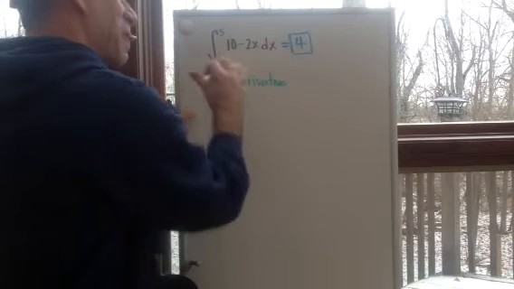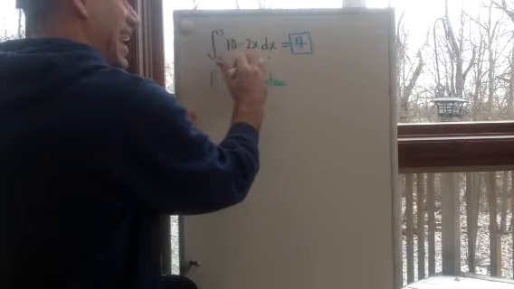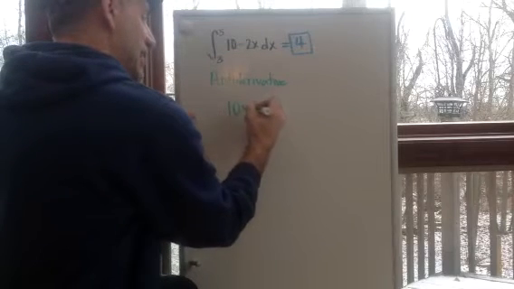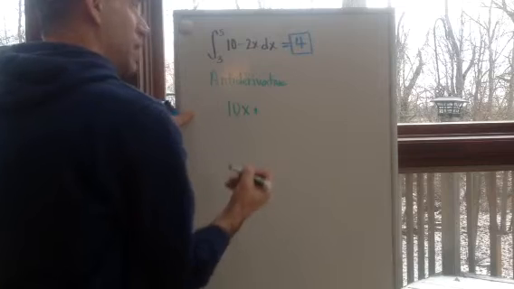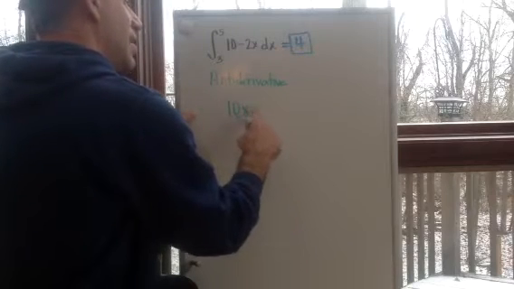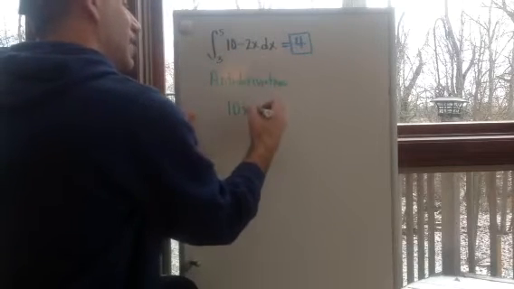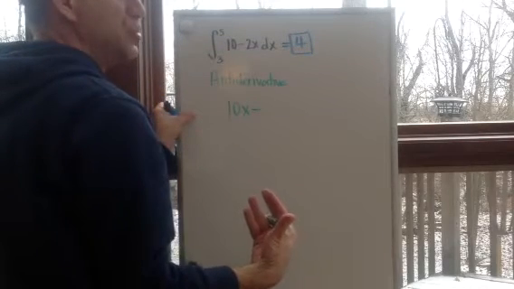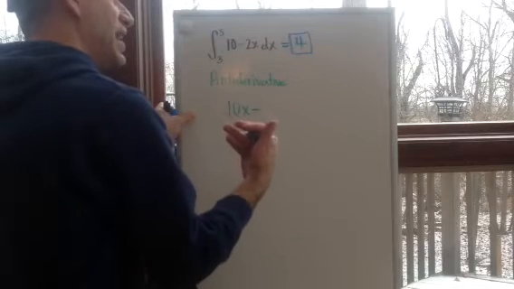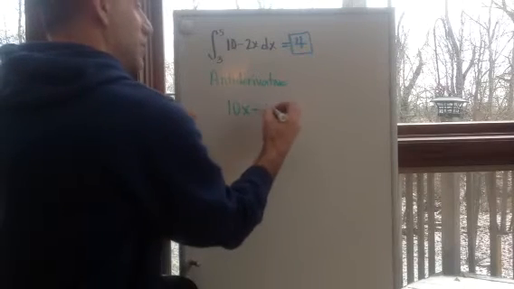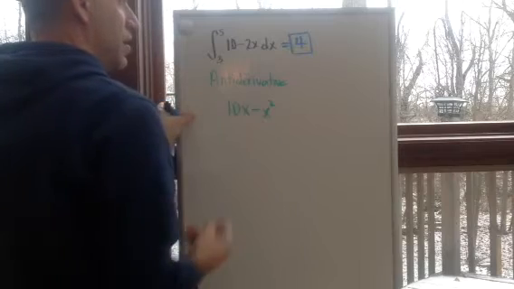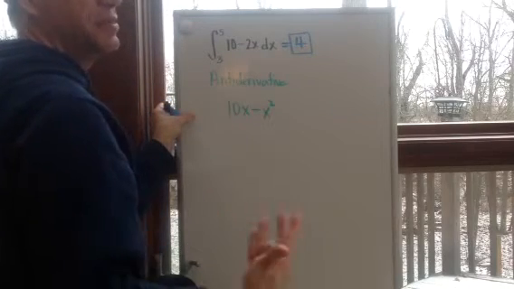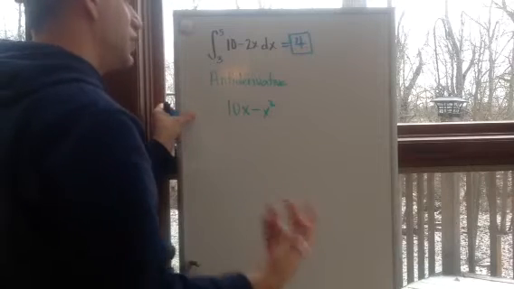I mean, so if I have 10 minus 2x here, the antiderivative of 10 minus 2x, for 10 it's just going to be 10x. Okay? And then the 2x, I'm going to increase the exponent by 1, so we're looking at 2x squared, and then I'm going to divide by that new exponent, so divide by 2, which gets me to x squared. So I have 10x minus x squared. And you might be thinking, but don't forget the plus c, Mr. Tubby. You always say don't forget the plus c.